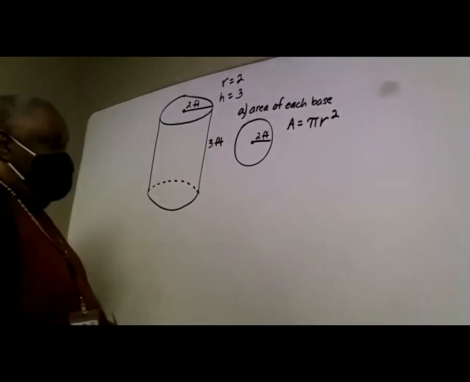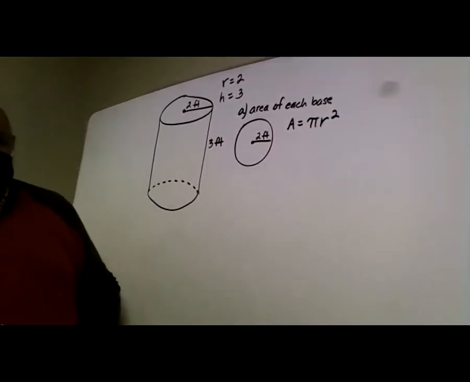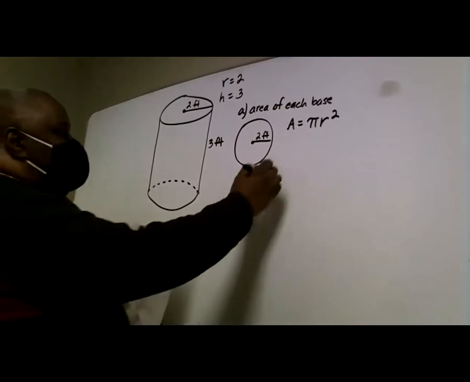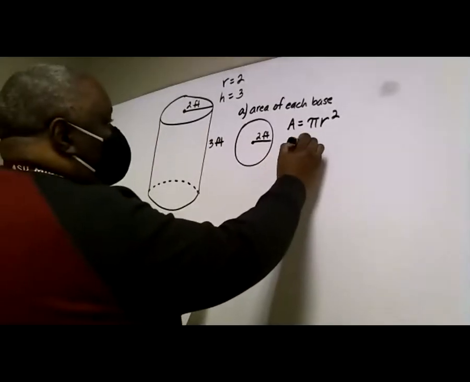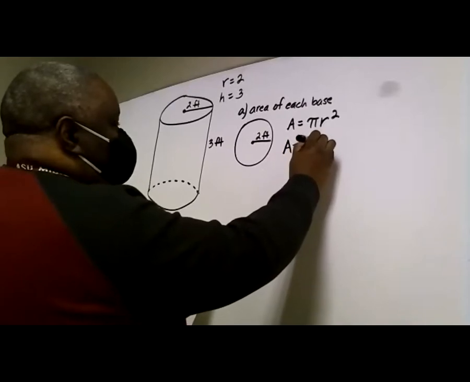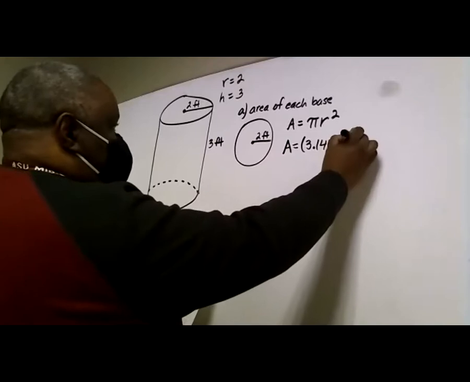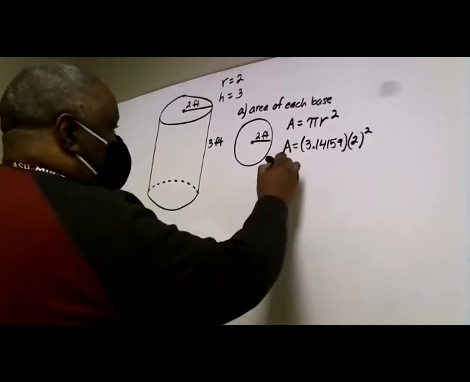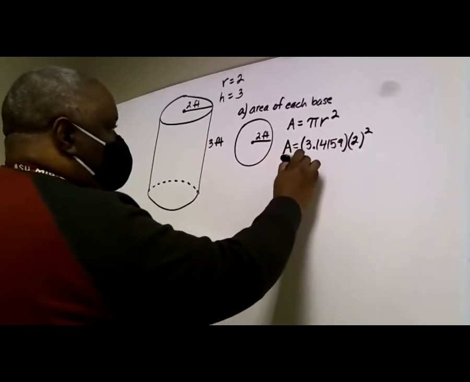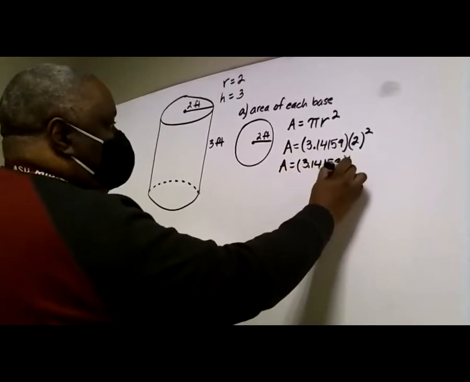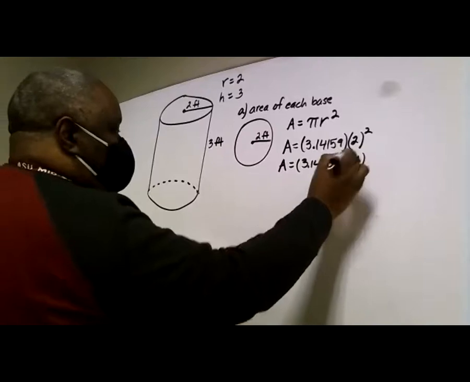And that is the formula for the area of a circle. Area is equal to pi times the radius squared. And pi, we're using 3.14159 times the radius, which is 2, and that's squared. And 2 squared is 4.